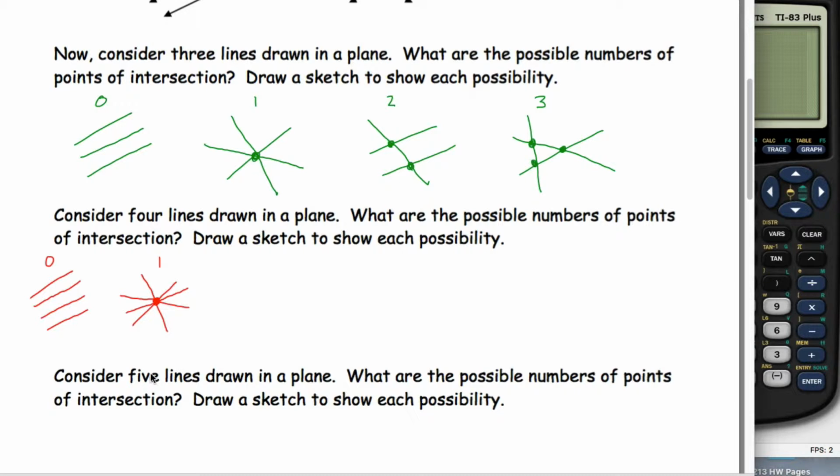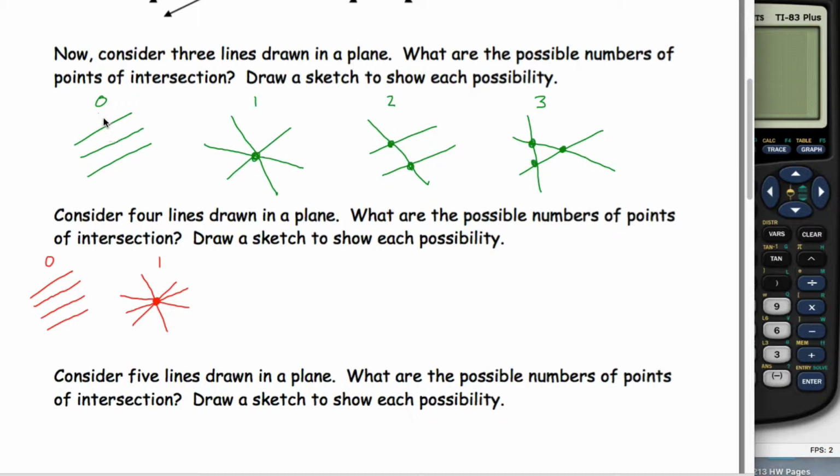But could you get 2? I don't think you can. That might be surprising, but think about where 2 would come from. Well, if I started with this case right here, and I added a line, it would intersect 1, 2, 3 spots. So I'd have too many automatically. What if I started with this case?